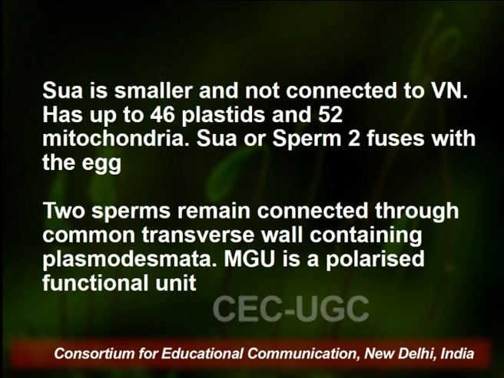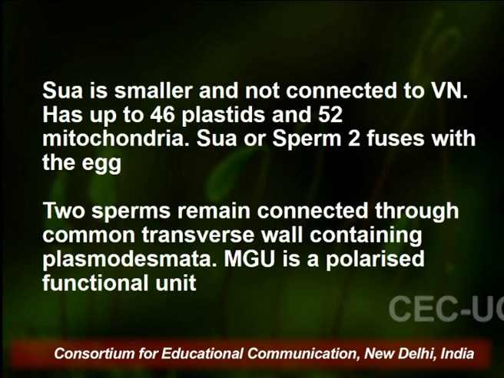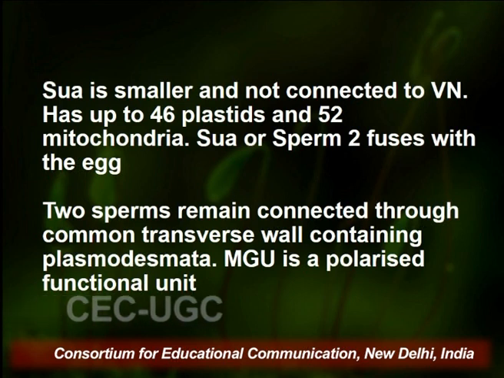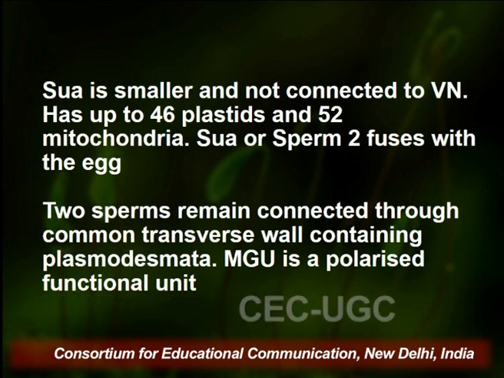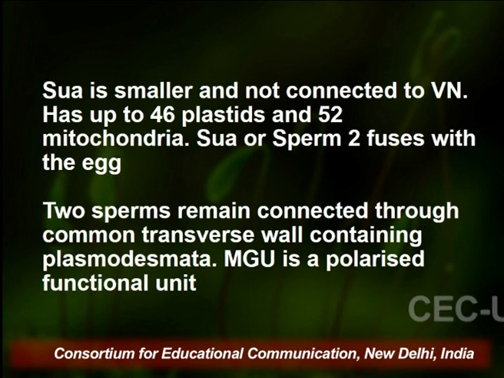This is the sperm which fuses with the egg cell. The two sperms remain connected through a common transverse wall containing plasmodesmata. Because the two sperms are different and fuse with different entities, the male germ unit is a polarized functional unit.